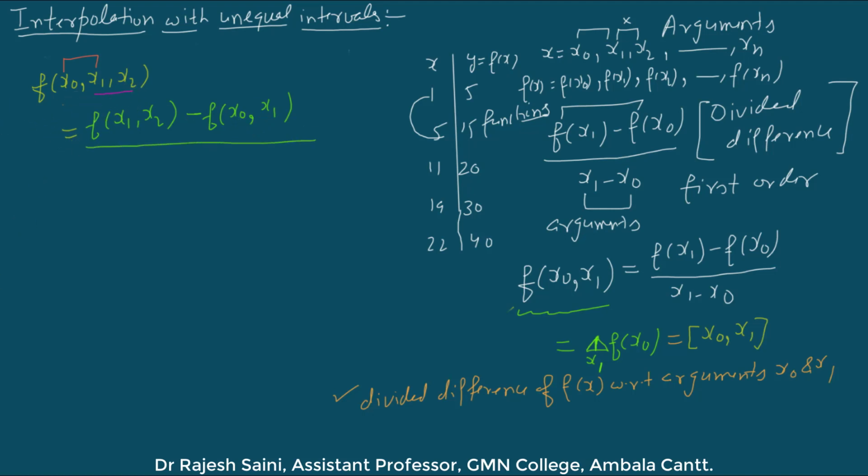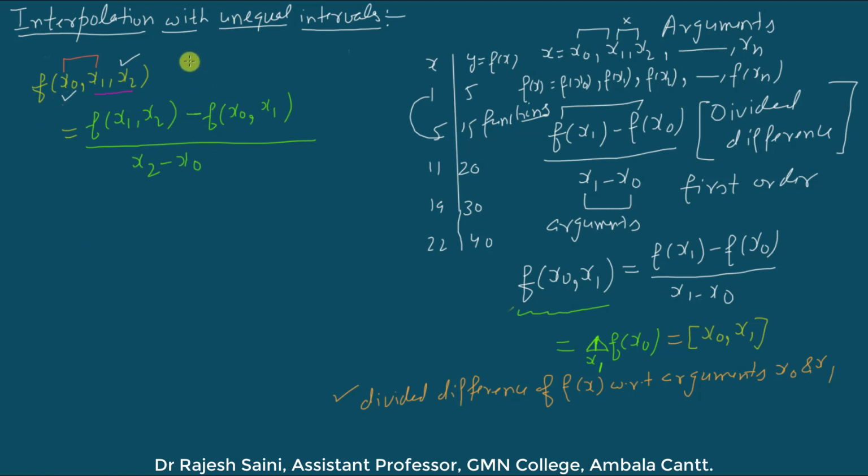What are the extreme arguments? It is very clear from here, these and these are the extreme arguments, and you have to take the difference between them. So I'm going to take the difference x2 minus x0.